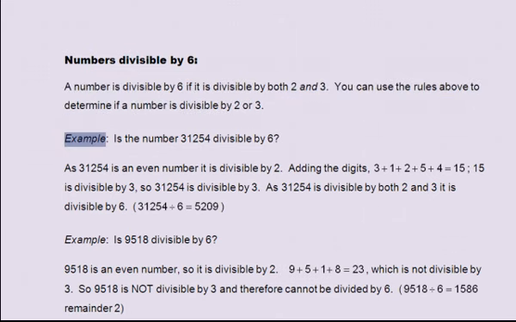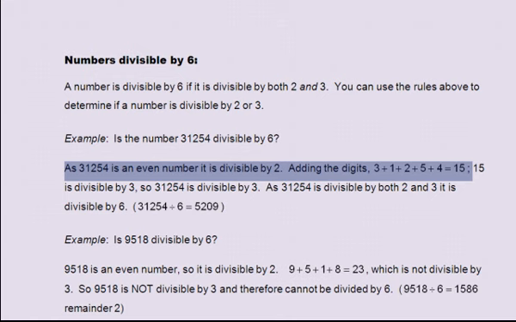Example: is the number 31,254 divisible by 6? As 31,254 is an even number, it is divisible by 2. Adding the digits 3 plus 1 plus 2 plus 5 plus 4 equals 15. 15 is divisible by 3, so 31,254 is divisible by 3.